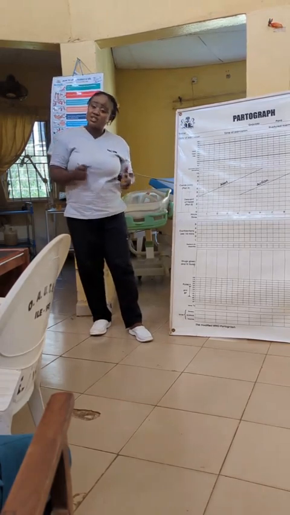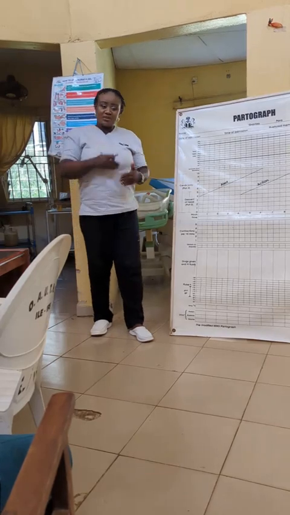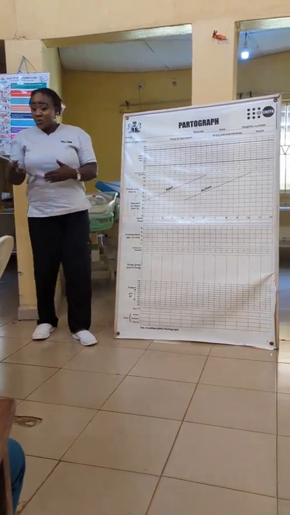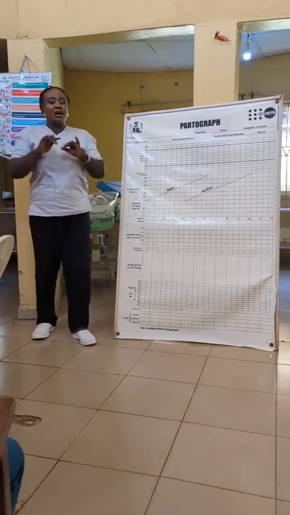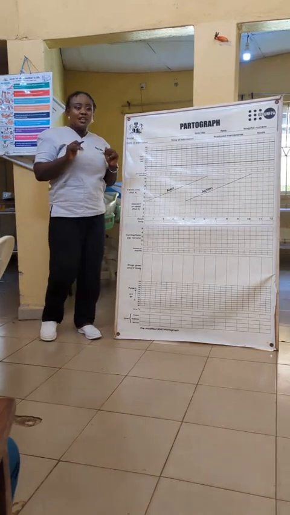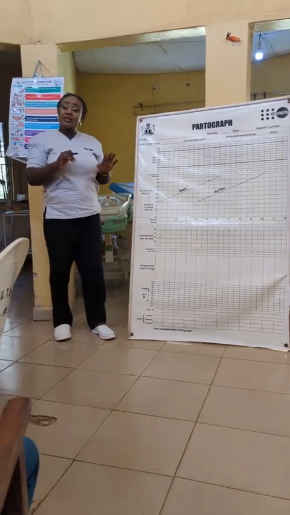And after 30 minutes, if she's not doing well, you increase it to 20 drops. After another 30 minutes of palpating for contraction, if she's still not doing well, we increase to 40, till it reaches the maximum drop. The maximum drop is 60. Anything that goes beyond 60, you cannot increase further. You leave it at that level.